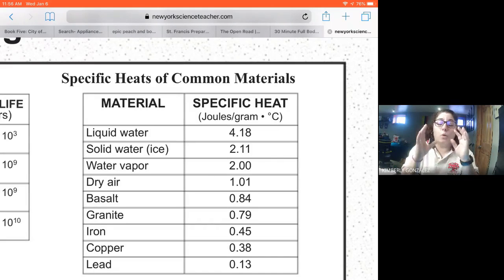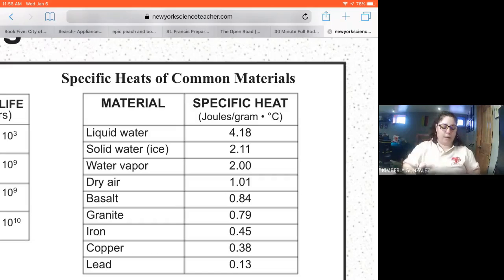So water needs 4.18 joules of heat in order to increase its temperature by 1 degree, whereas lead only needs 0.13 joules of heat to increase by 1 degree.